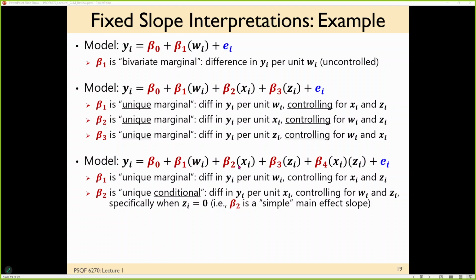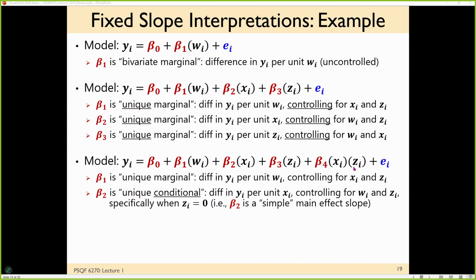The only circumstance in which the story ends at beta 2 for what the effect of X is, is if this part goes away. Beta 4 xz would only go away if z is 0. So putting that all together, beta 2 is the unique effect of x specifically when z is 0.